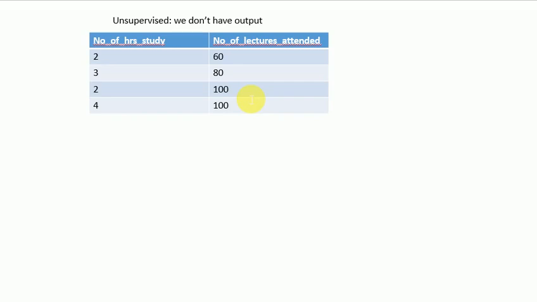People can have different approaches to calculating the distance, but let's say I have pairs and I try to group them. So I have a pair of 2 60, a pair of 3 80, a pair of 2 100, and a pair of 4 100. Okay, so this I need to group, this I need to cluster, and given that I have to make 3 clusters.